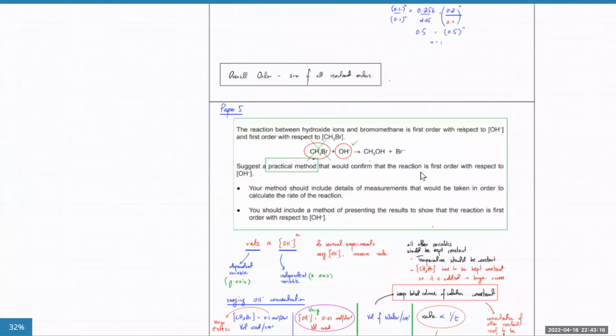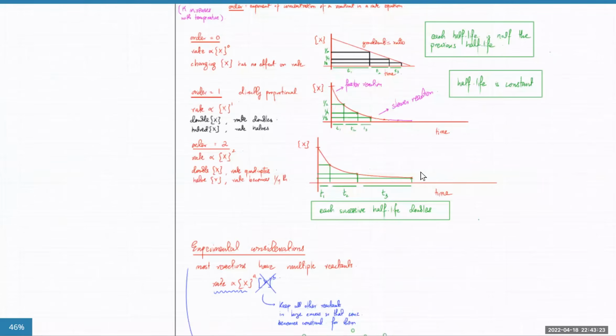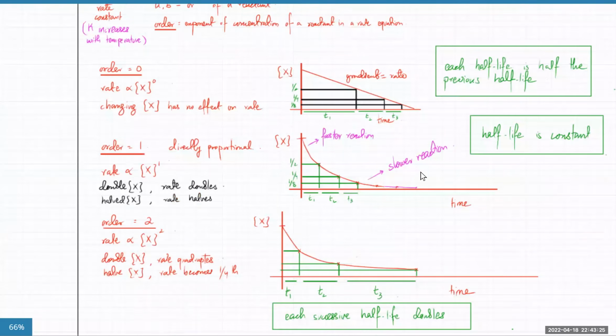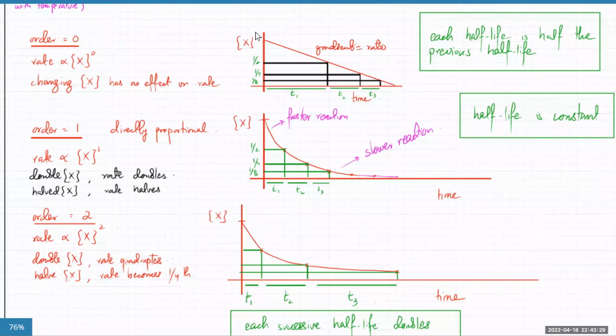If you plot the concentration of a reactant with respect to time, you have to keep all other reactants in excess, keeping their concentration constant so that the shape of the graph is not affected by the other variables. By looking at the shape and at the half-life, you can figure out the order of the reaction.